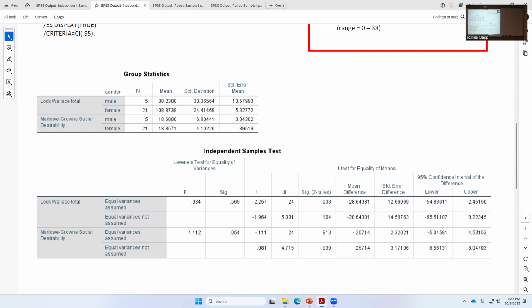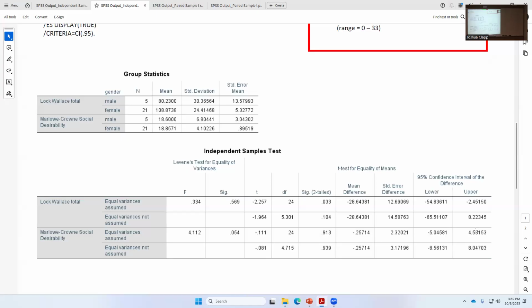If I go down through this table a little farther, here's my mean difference, here's my standard error of the difference, and then here's my confidence bound. SPSS just calculated what we would do by hand anyway. Kate, can you give me an interpretation of this confidence bound?